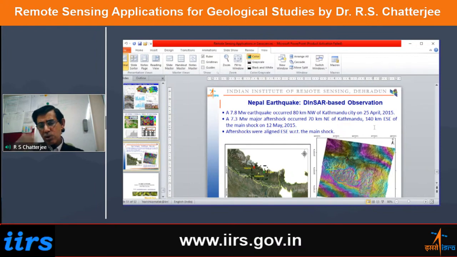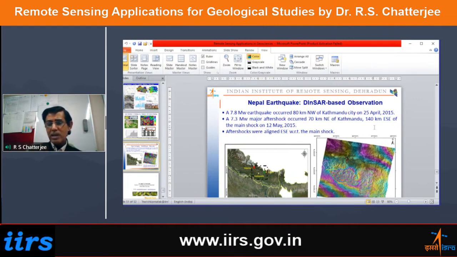But there are some short-term precursors that can be studied, like if there is any thermal anomaly, or any ionospheric disturbances. From these anomalies, you can say that in the near future, in a few days itself, an earthquake can take place. Okay, so these kinds of studies are there, but how far is this reliable?